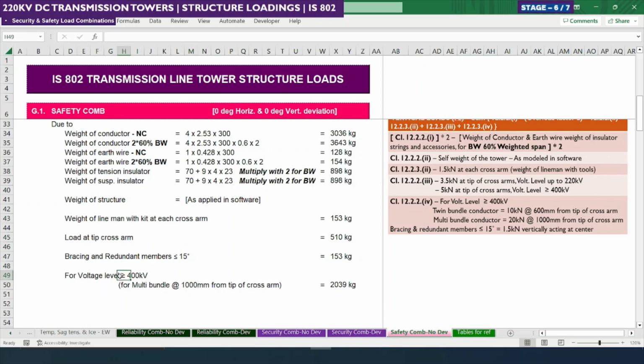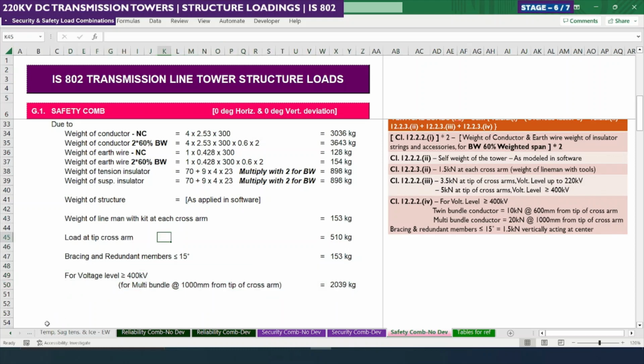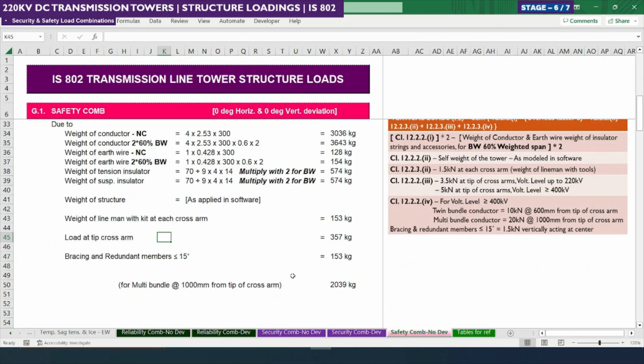This is applicable only for voltage levels equivalent to or more than 400 kV. So for our case of 220 kV, this is not applicable.